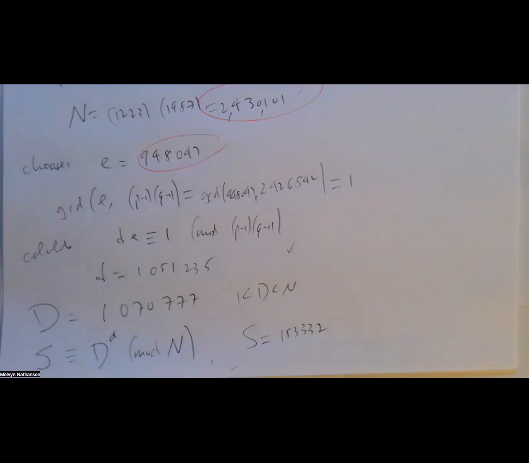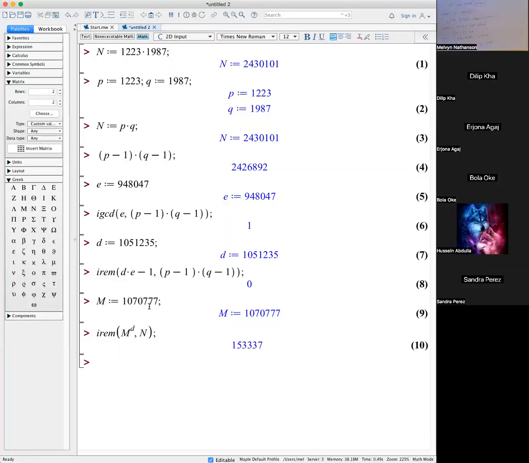Wait a minute, this was my M. That's my message, but in the text it is capital D. This is D, the secret exponent. So I take M to the D mod N, and I get 1,153,337.